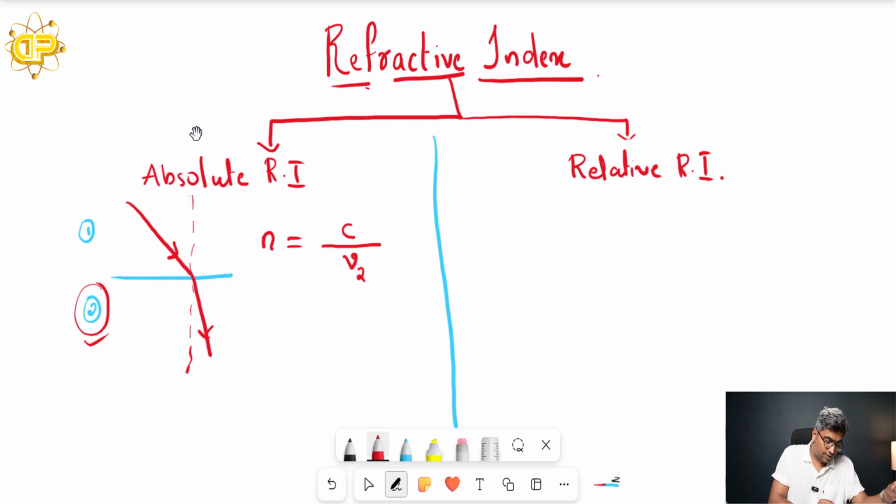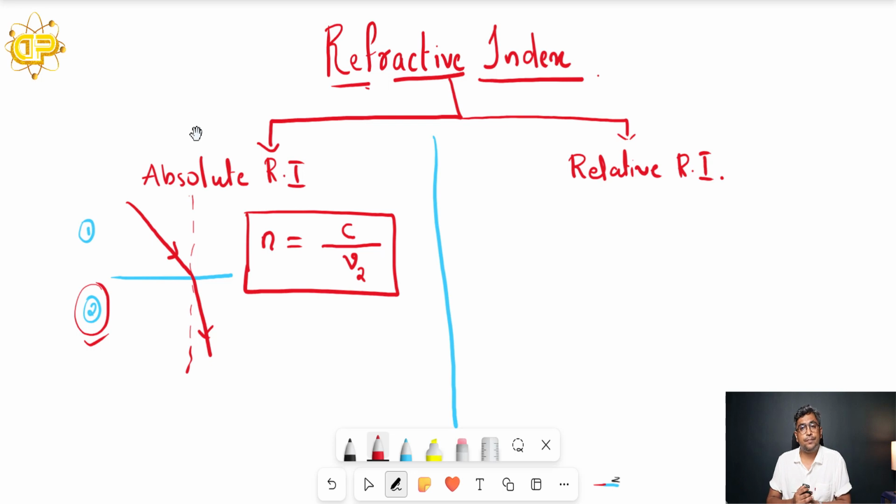This gives you the absolute refractive index of medium 2. Here the velocity of light in this medium is V2 and the velocity in the first medium is C. We will not write V1, because the first medium is air or vacuum, and that velocity of light is denoted with the letter C. So this is given by N equals C by V2.